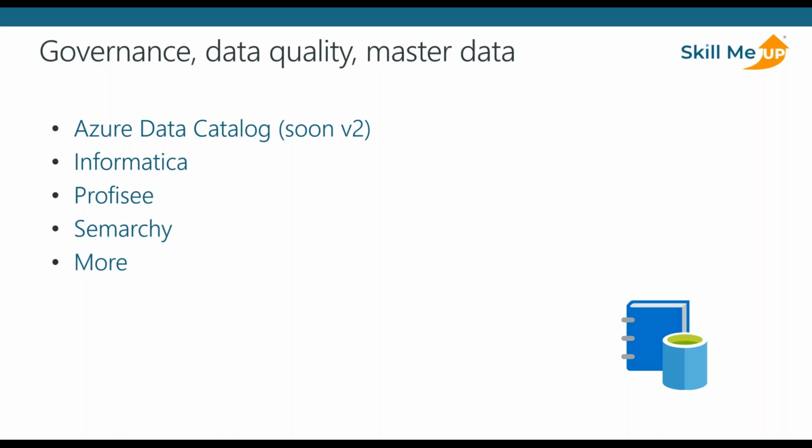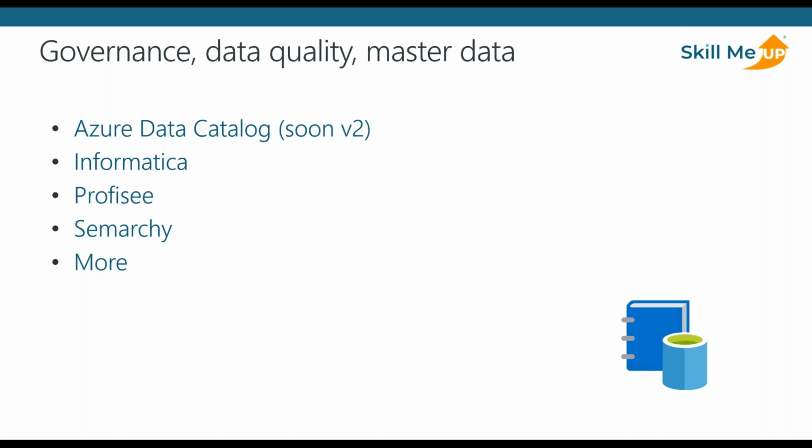Whereas Gen 1 of Data Catalog is just very manual. Still a fine product. It just requires a lot more manual intervention as opposed to Gen 2, which will go out and traverse your Azure workspaces and on premises and pull back some of the information you need there.